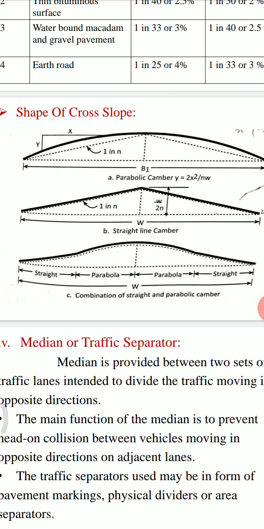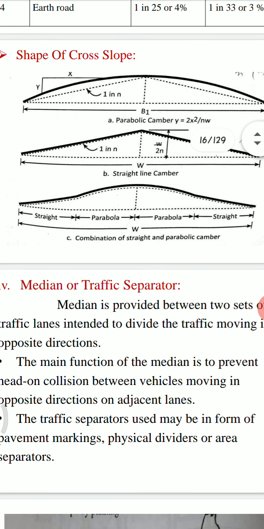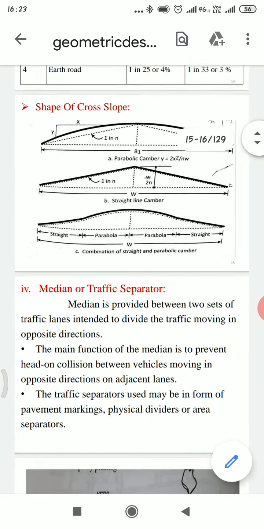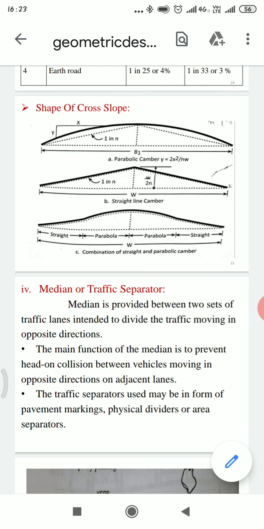In the combination type, some amount of straight line is provided, and some curve is provided in the center, and some straight line is provided at the other edge. So these are the three types of cross slopes.